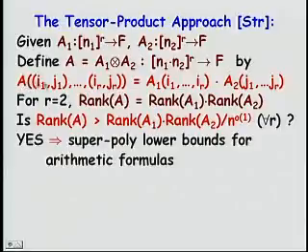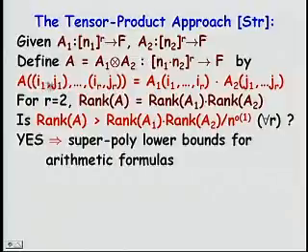This is what I mean by tensor product. The R indices of A are in N1 times N2, so I can think of each of them as a pair: I1 in N1 and J1 in N2.